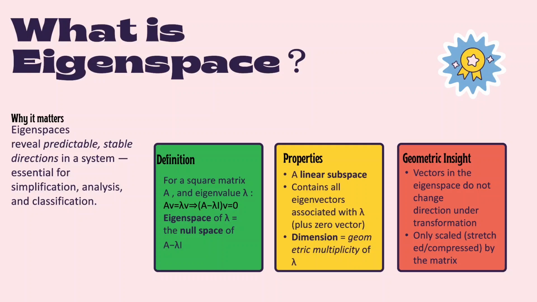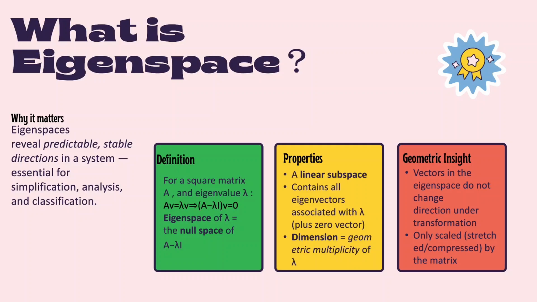Algebraically, we can rewrite this as the matrix A minus lambda times the identity matrix, multiplied by v, equals the zero vector. So the eigenspace is nothing more than the null space of the matrix A minus lambda I.